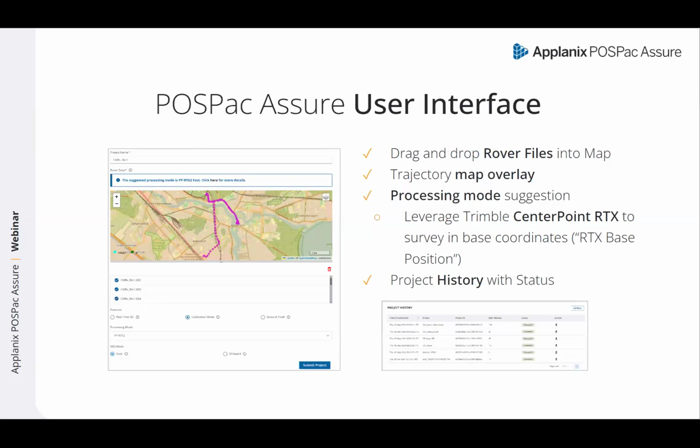In addition to the processing mode, when it comes to your own base station that you want to load, you can also leverage the Trimble CenterPoint RTX survey-in functionality that is capable of determining the coordinates of your base station. And then you can click on the project history page. That's something that Henny will demo a little later.